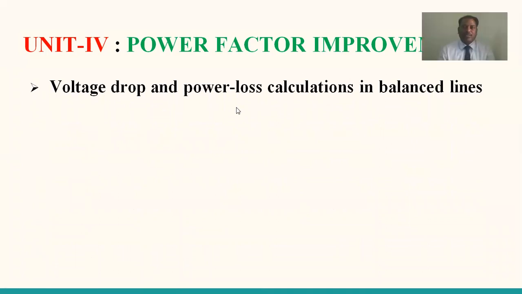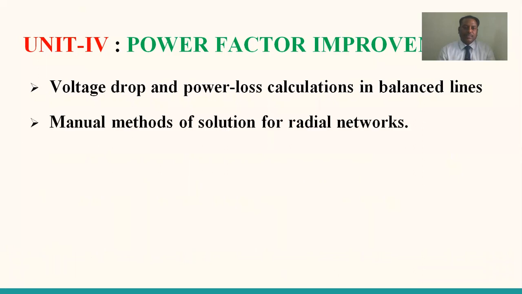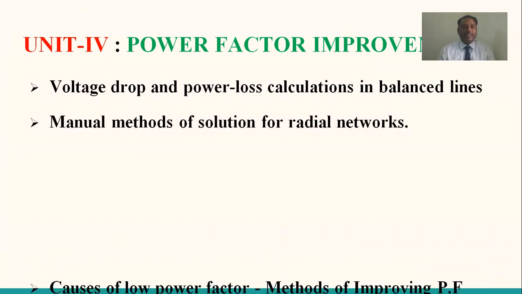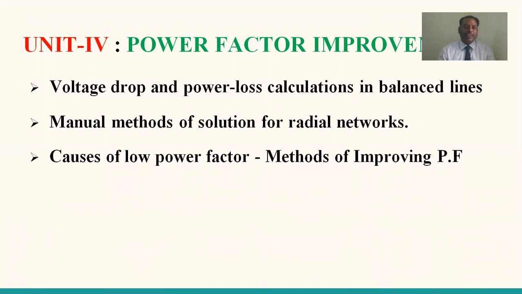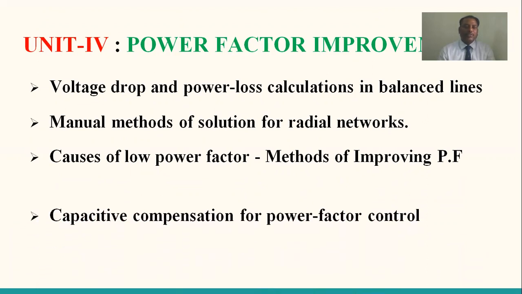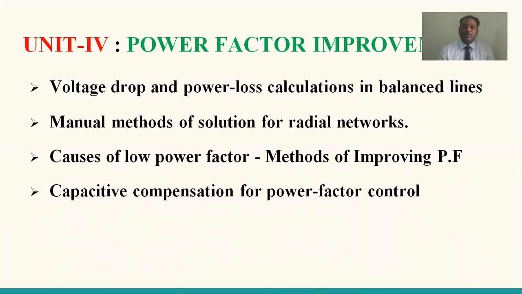First of all, what is voltage drop? Voltage drop and power losses are to be calculated in the primary balanced lines. And then, what are the manual methods of solution for radial networks? And then identifying the causes of low power factor, and then adopting the methods of improving power factor. In this regard, capacitor compensation is the best method for power factor control, and also reactive power injection.